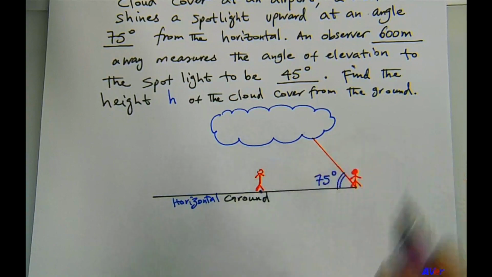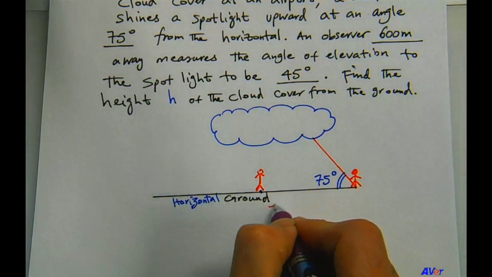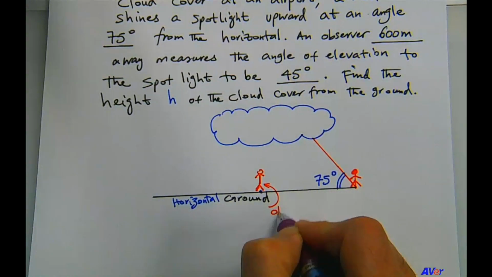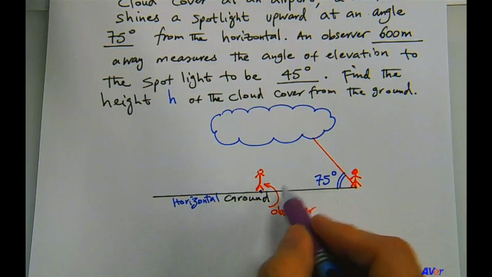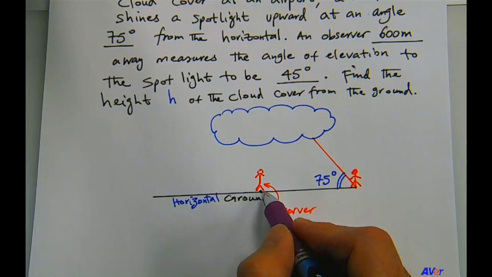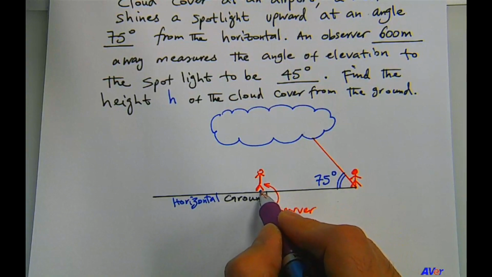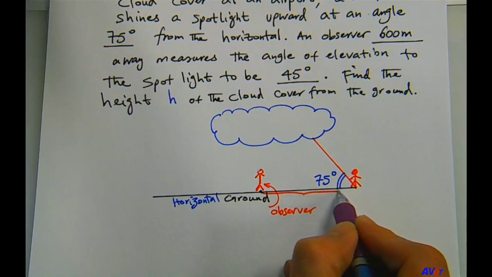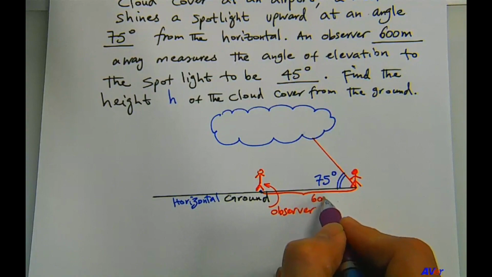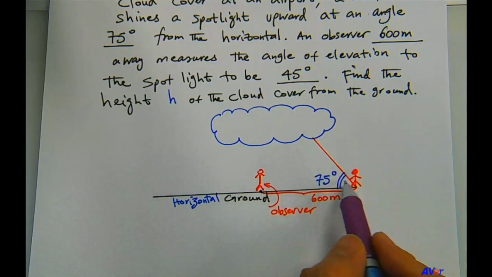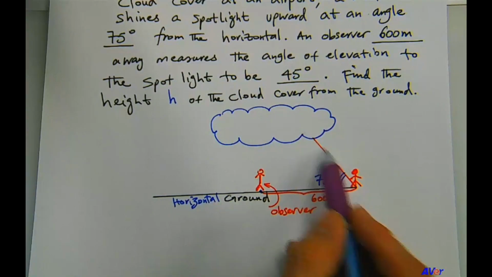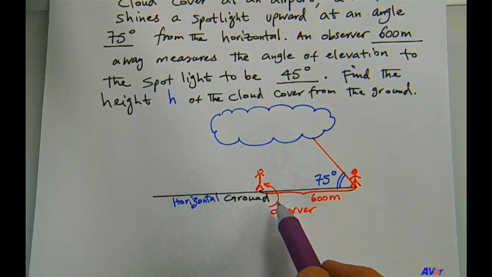This is the observer, and we are told that this is 600 meters. So from here to here, it's 600 meters away. The observer is 600 meters away from the person who's shining a spotlight on the cloud.